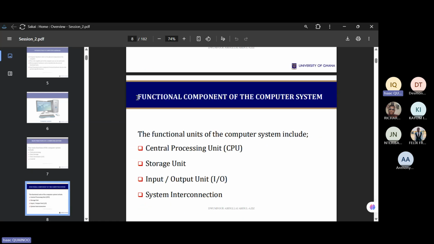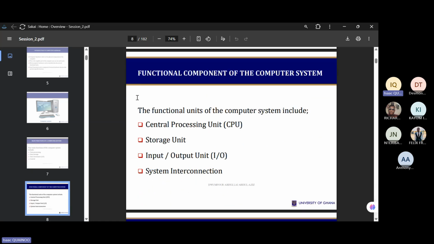But for this to happen, there are some units that have to work together. And these units are the central processing unit, or the CPU for short, the storage unit, the input output unit, and the system interconnection. So again, the central processing unit, the storage unit, the input output unit, and the system interconnection.